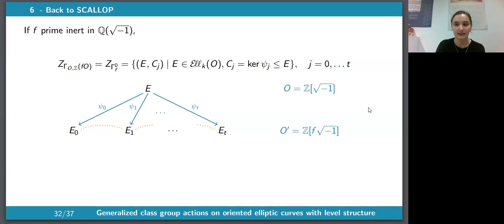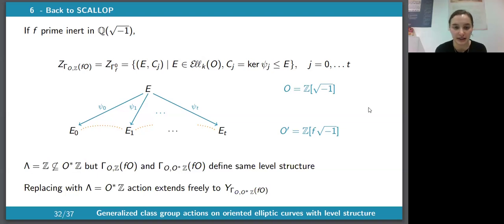So nice. This means that we've generalized correctly in the sense that our theorem does reflect what we observed in the beginning about SCALLOP. And one last question would be whether we can extend this action freely to Y gamma.